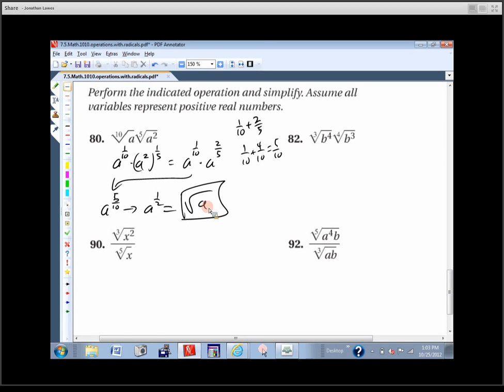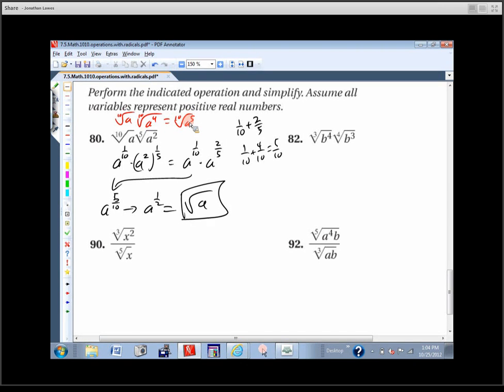One other thing that you could do that might be easier. Has anybody seen these before? If I can find a way to make these the same, so if I wrote that as the 10th root of a, if I double the index and double the exponent, this would be a to the 4th. So this would be the 10th root of a to the 5th.